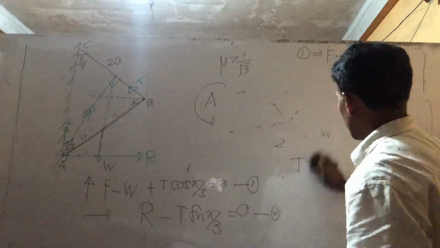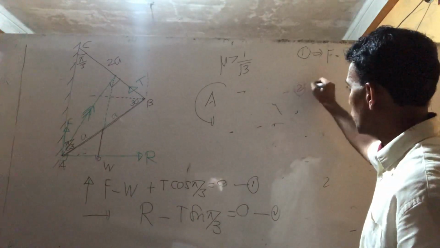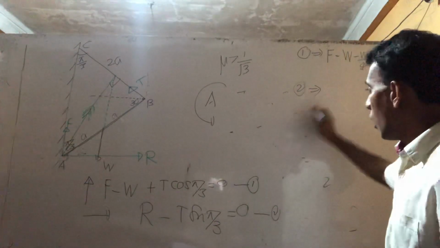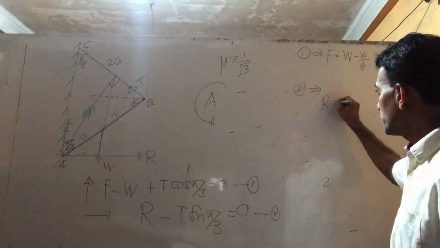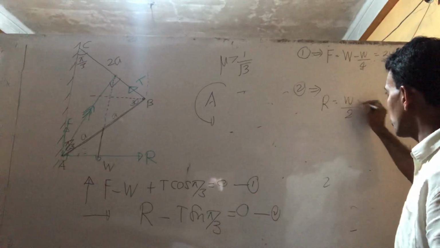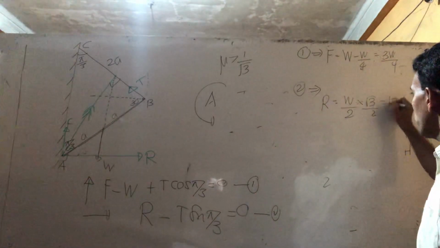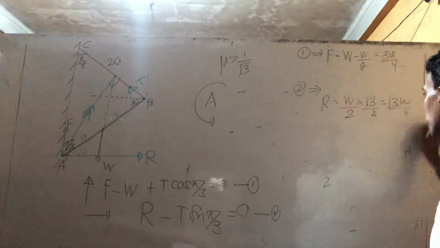Next find the R from the second equation. R equals W minus T, W by 2, sine 60, root 3 by 2. Root 3 W by 4. Okay.